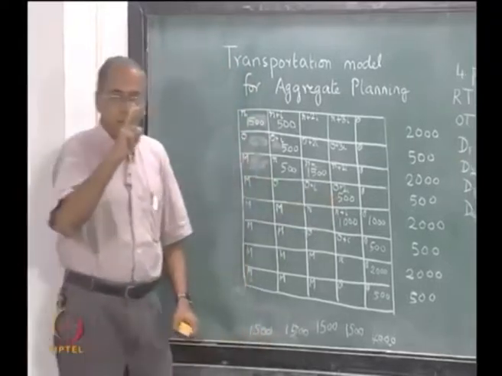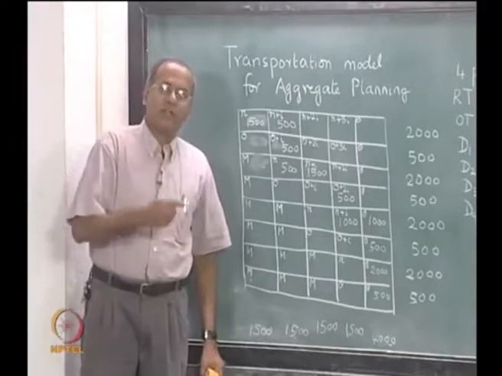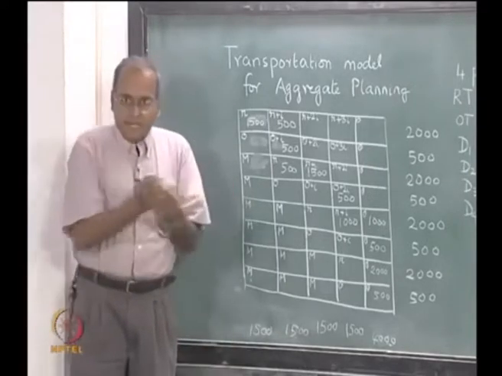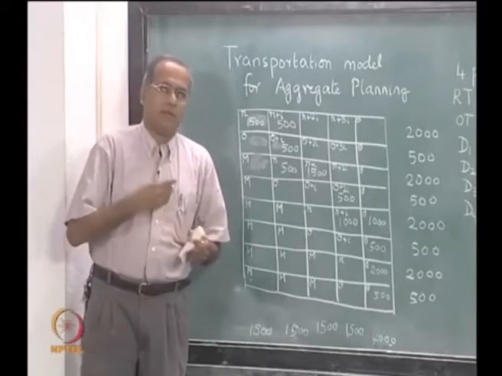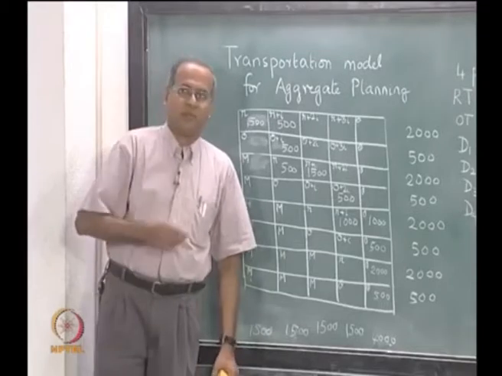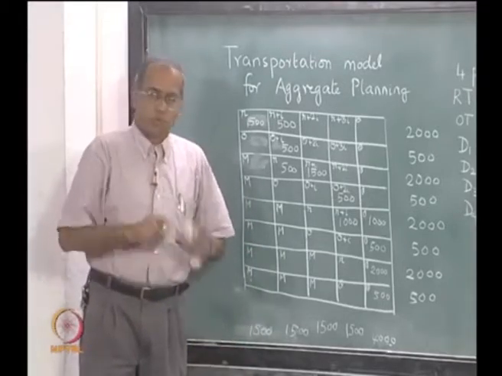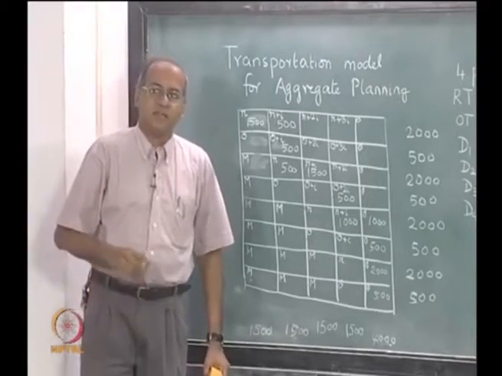So, we had one allocation less, and we also know that if we have a degenerate basic feasible solution, in the next method, which is to optimize it, in the UV method or the MODI method, modified distribution method, it is customary to put an epsilon to denote the place where there could be a degenerate allocation.